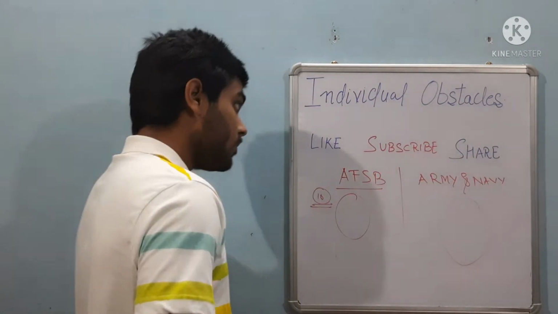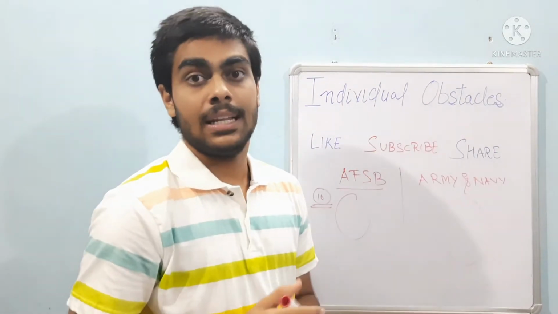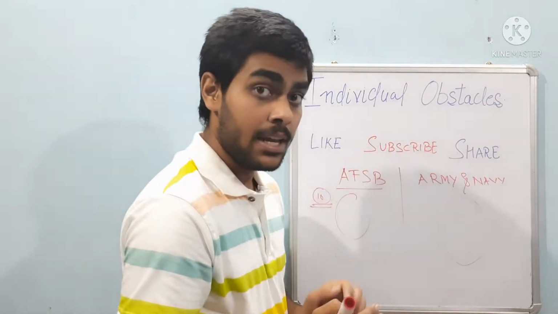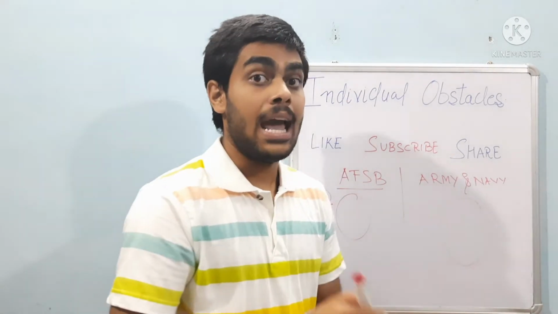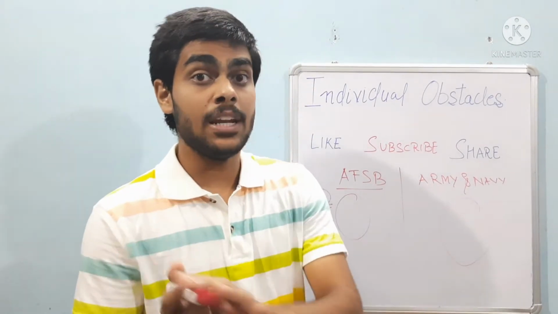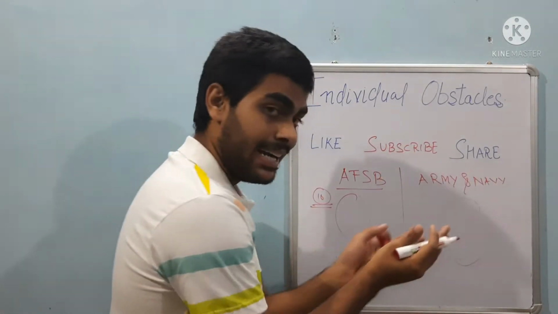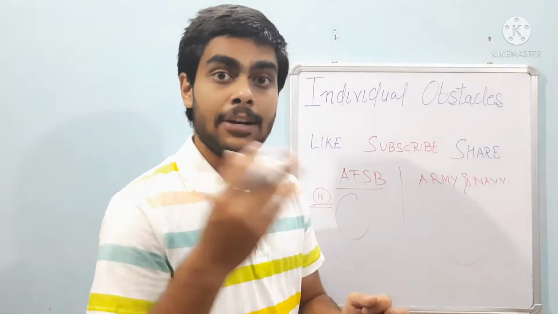So I will cover one by one the individual obstacles with the original pictures. Before every individual obstacle which I will explain, an original picture will be displayed for 5 to 10 seconds for the better visualization of that obstacle. And after that original picture moves out, I will explain the specifications of the obstacle, like the height, length, and how to tackle that obstacle in an effective way.